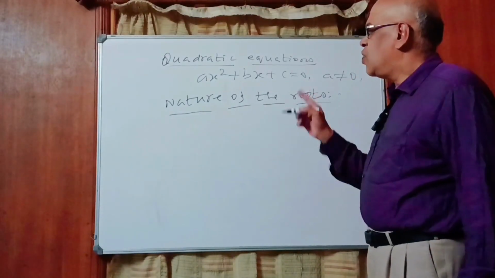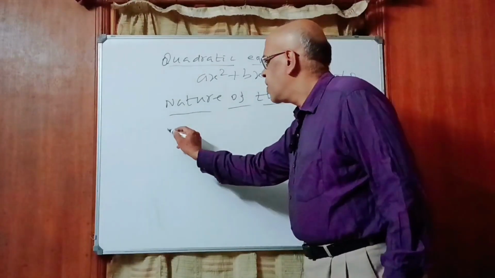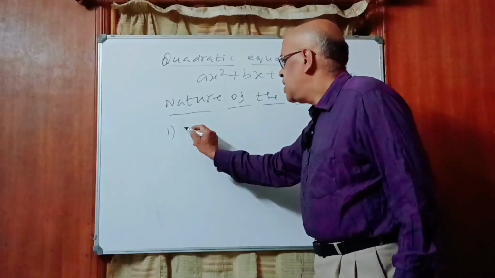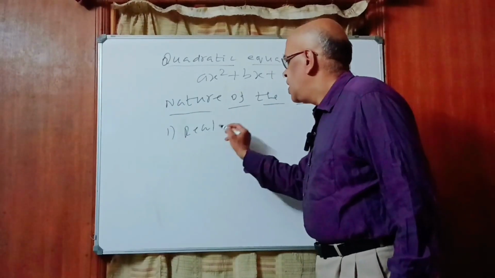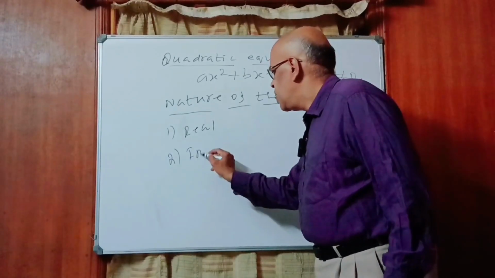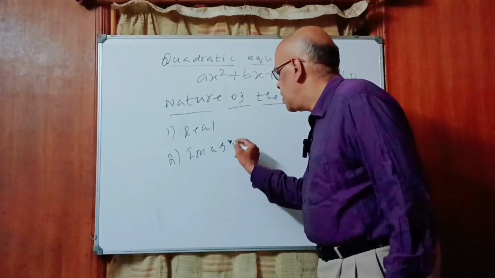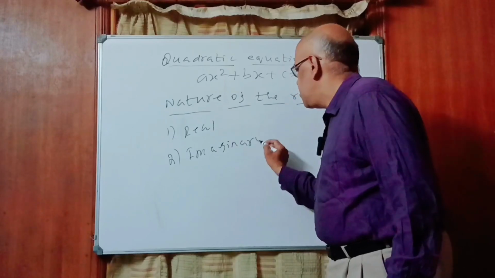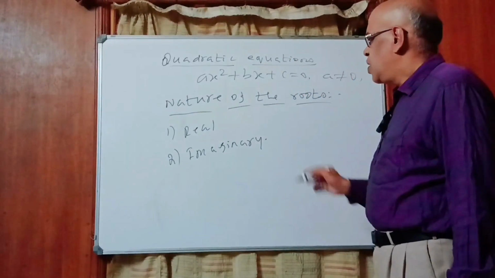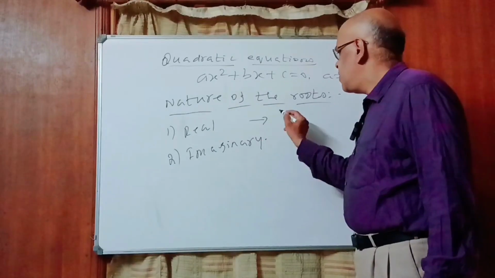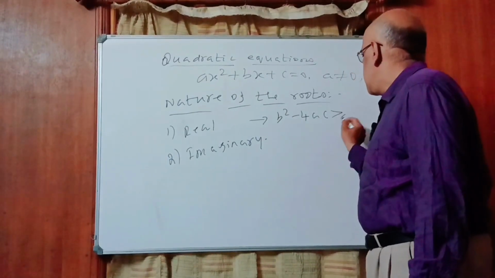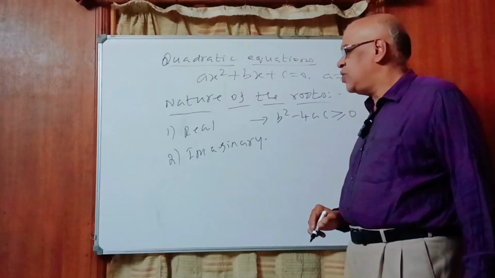Roots of the quadratic equation can be real or they can be imaginary. When we say roots are real, take the discriminant: b square minus 4ac should be greater than or equal to 0.